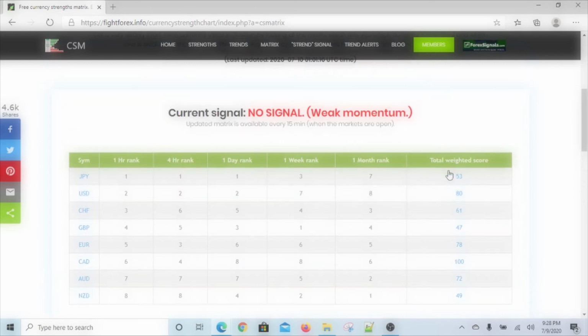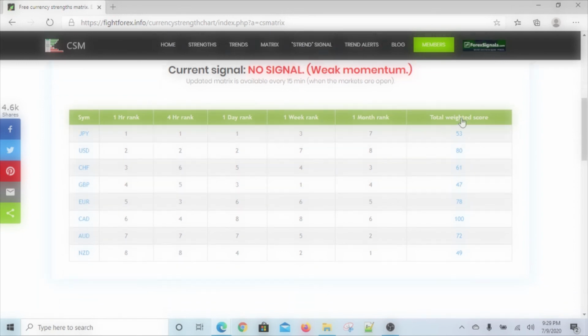We look at the total numbers, and if we have a currency with a weighted score below 25, we typically recommend that as a good one to look at for opening trades, or anything that is higher than 100 or so. 105, I think, is the threshold.